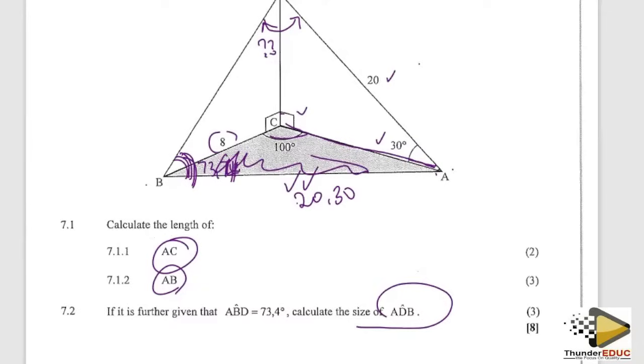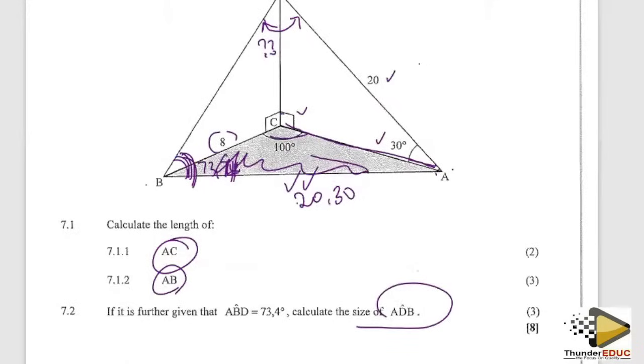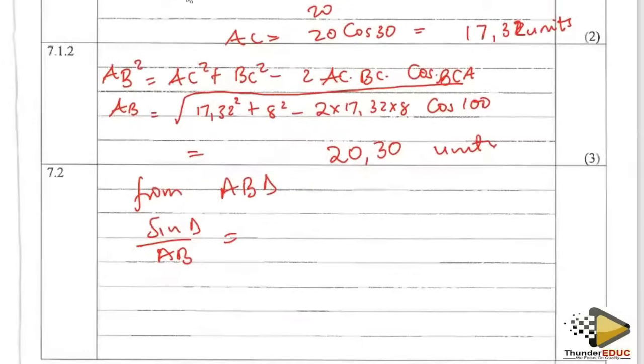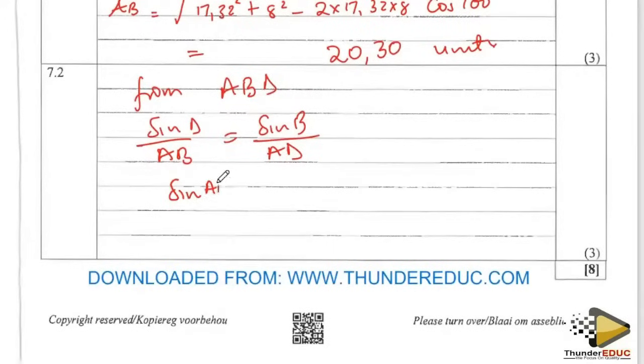Sine of D, which is ADB, over our AB that we got as 20.30, must be equal to the sine of the angle that we're given, which is 73.4, over the distance, which is 20.